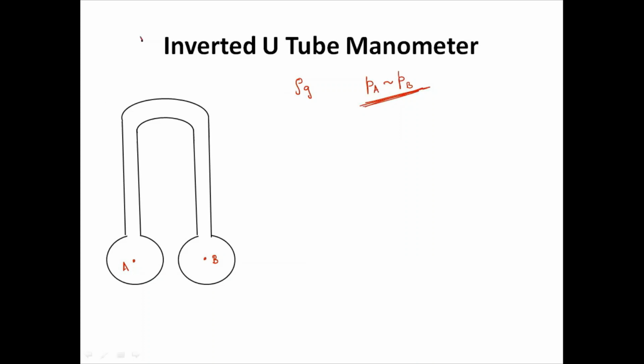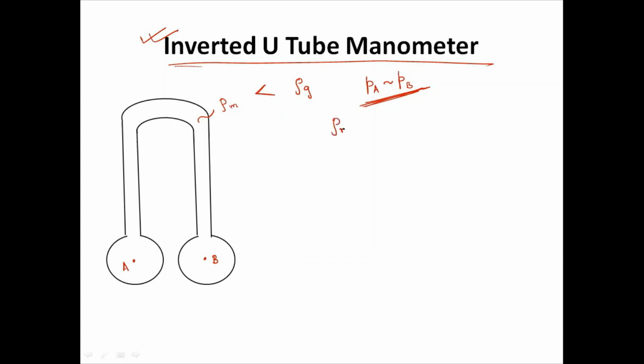To find it in such cases, the inverted tube manometer is the most useful manometer. Because it is inverted, whatever manometric fluid you are using, its density is less than the gas or working fluid density.